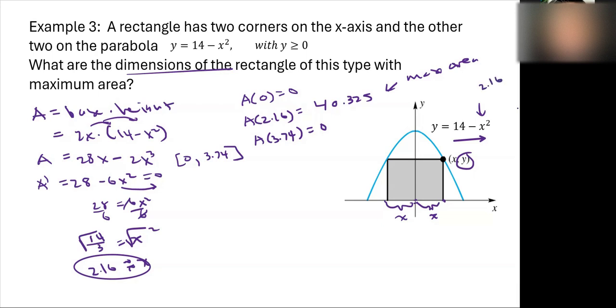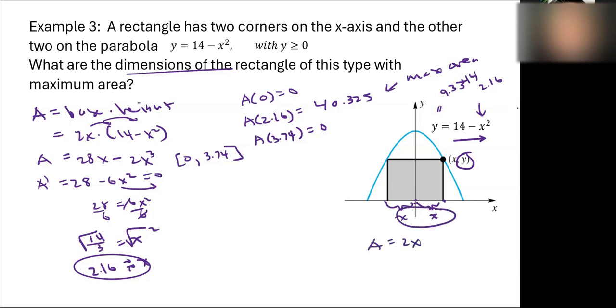We are going to get 9.3344. Okay, so the y value is 9.3344.